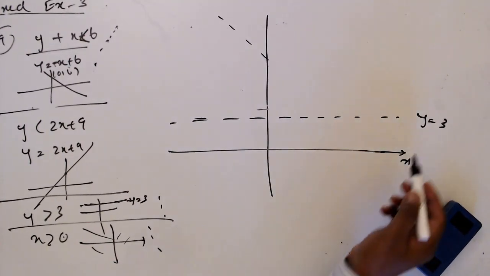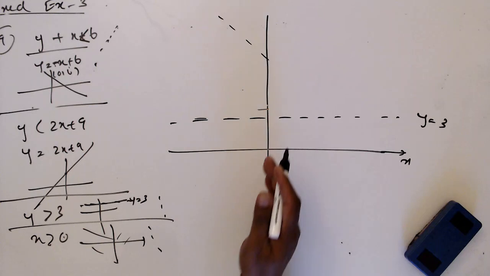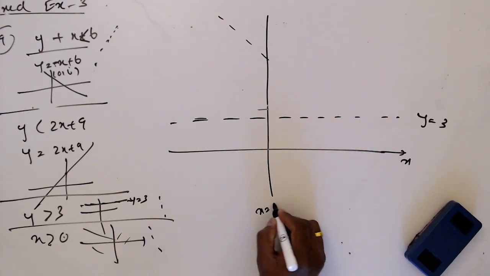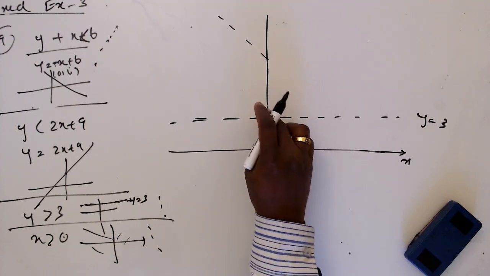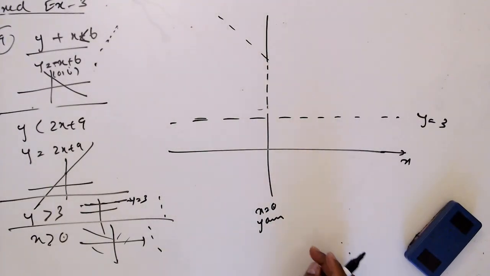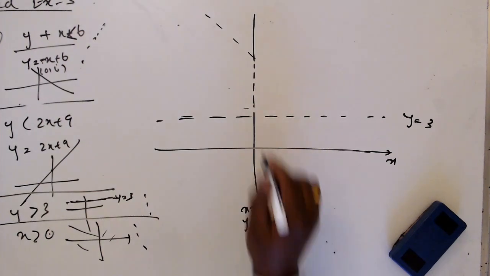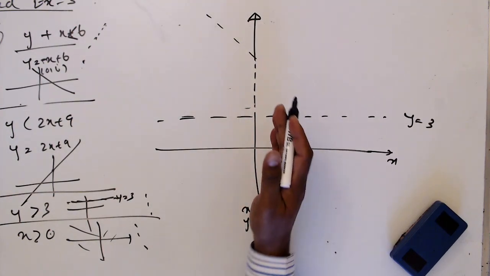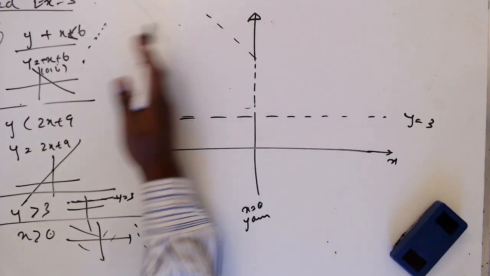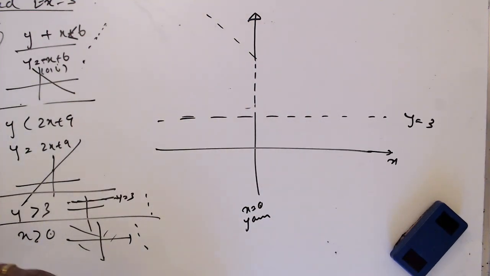Now, we'll consider this one, x greater than 0, x value greater than 0. This is the x equals 0 line, which is also called the y-axis. Actually, I'll just write this one with dotted lines. Usually we don't draw the axis as a dotted line, however, for your understanding. So x greater than 0, this is the area. So this area we don't need. I will mark this one in green. This is the area we don't need.